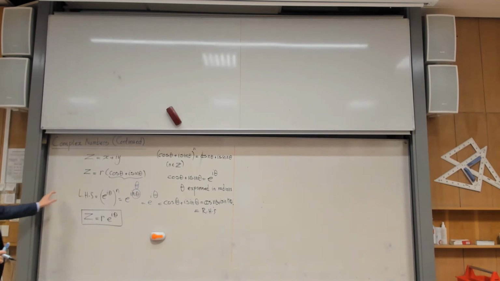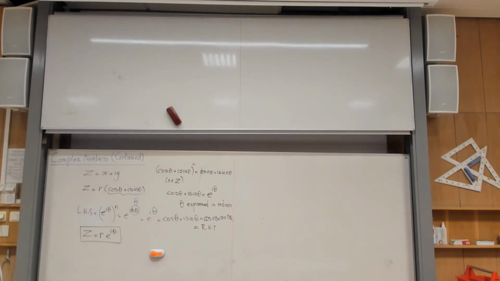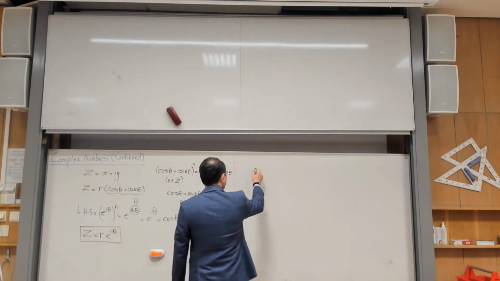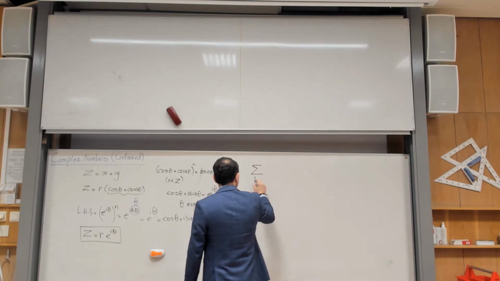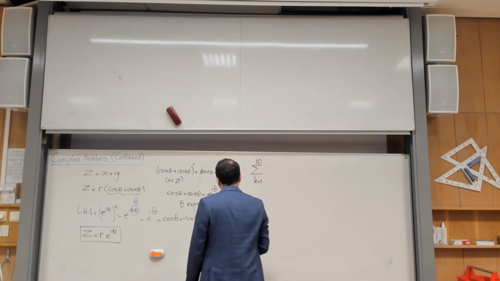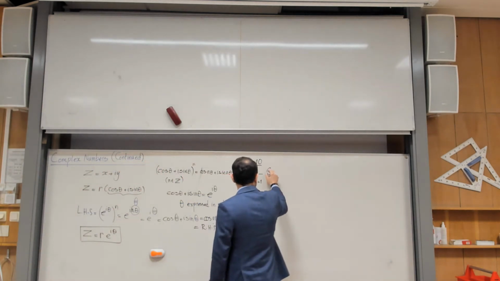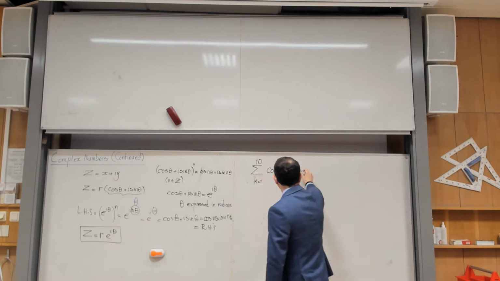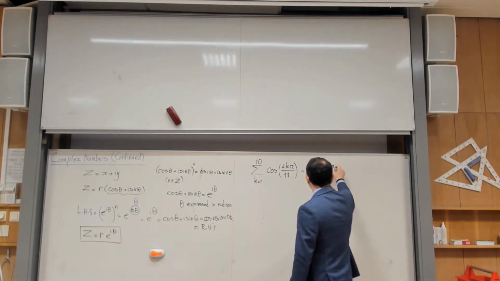So let me ask you to solve a problem which is here. We are supposed to calculate this sum, sigma, k goes from 1 to 10, of cosine 2k pi over 11 minus i times sine 2k pi over 11.